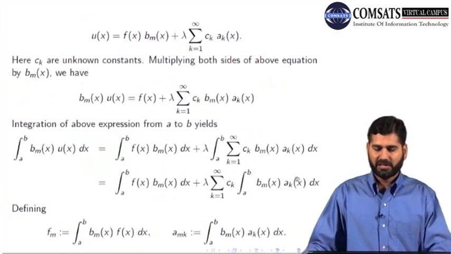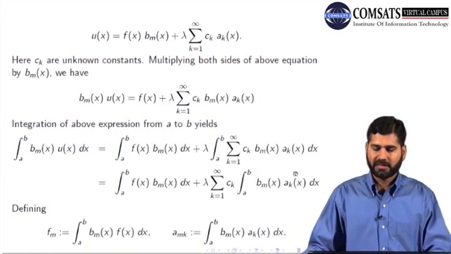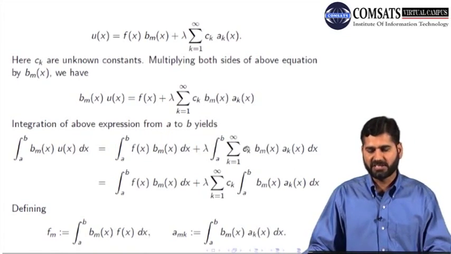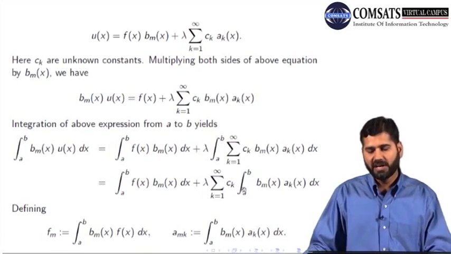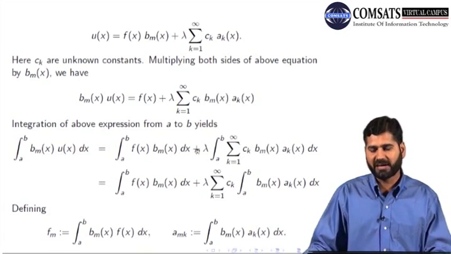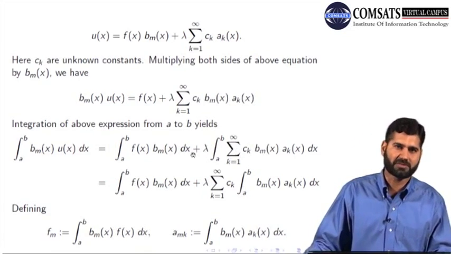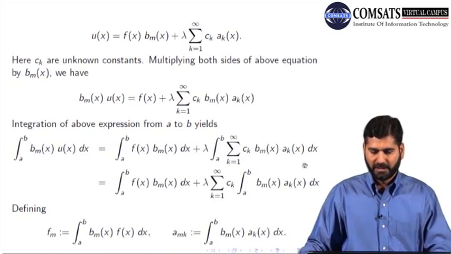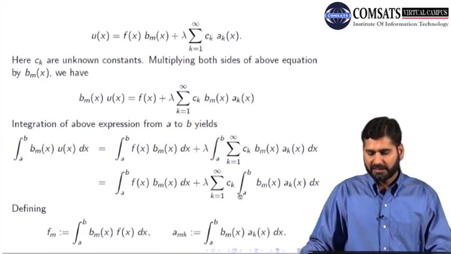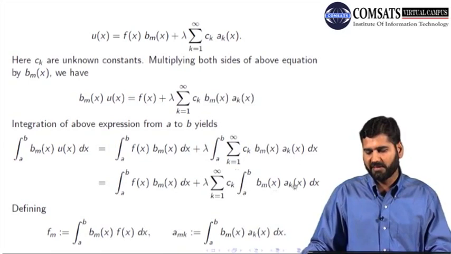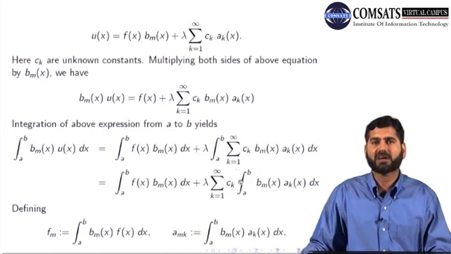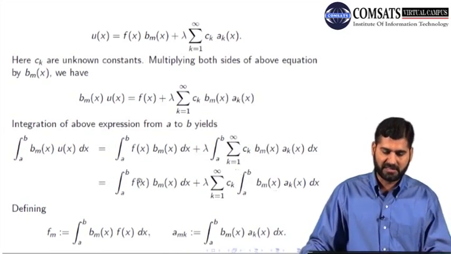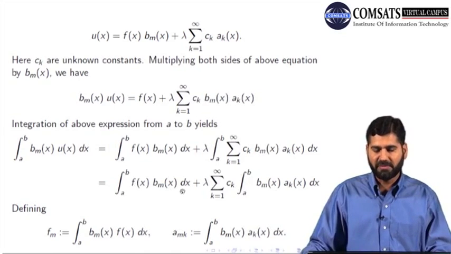After integration, the c_k is constant, so I can bring it outside the integral, but you cannot just bring c_k out, because you have to bring the summation out as well, because c_k has to be inside the sum. Now this is again a constant, because everything is being integrated over constant limits. Similarly, this f(x) b_m(x) dx has to be constant as well.